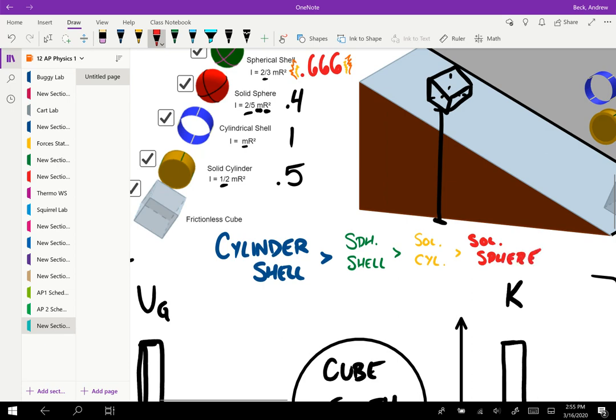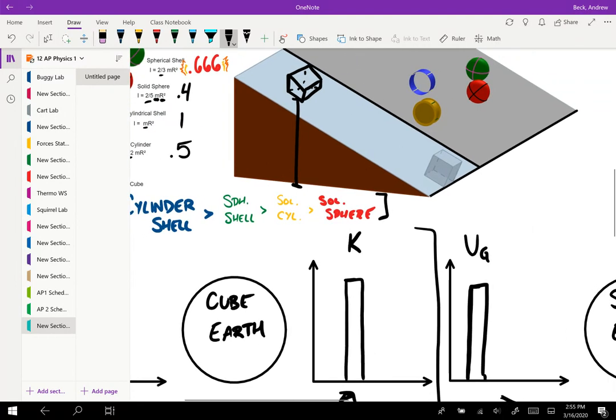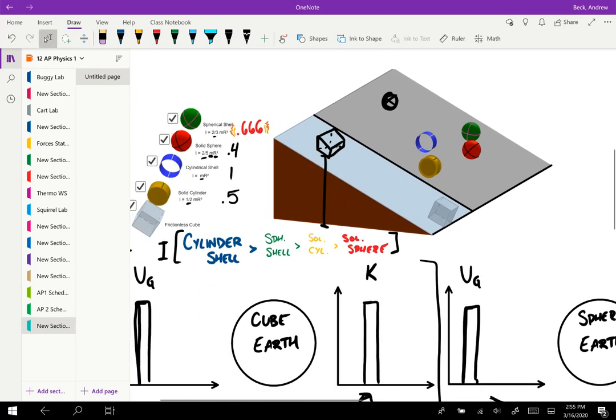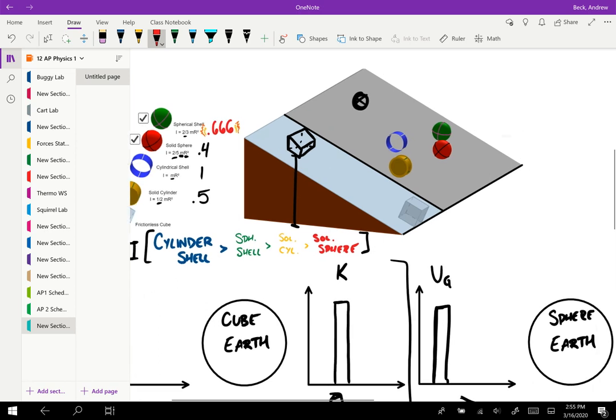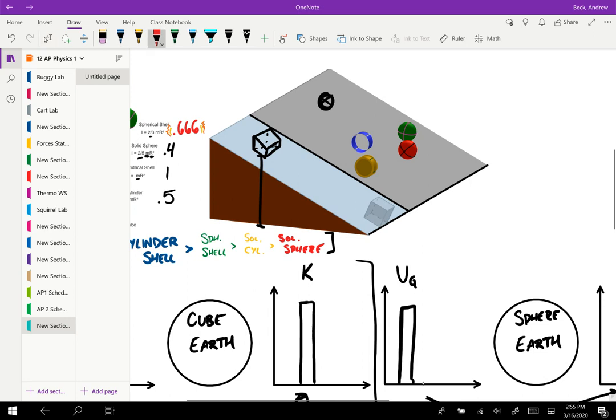And now what we can do is check. We've ranked our moments of inertia, and now we can rank what order we see these things coming in and see if we notice any trends, any similarities. So for ranking the placement, which order they reach the bottom of the hill, first we have the sphere.